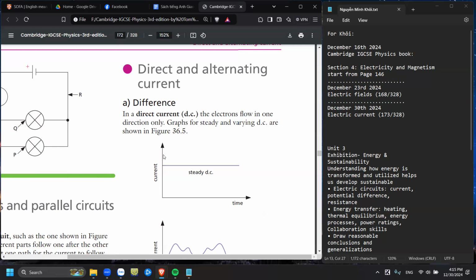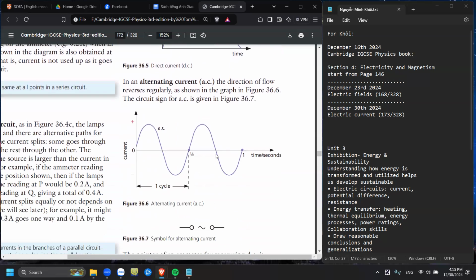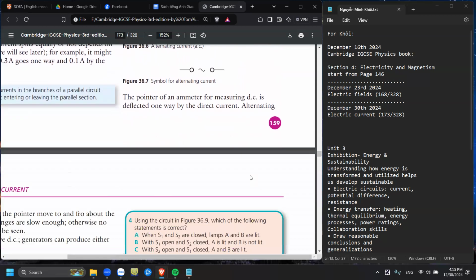Because in DC, the electron flows only in one direction. It doesn't go back, right? But in AC, it just goes back and forth, back and forth. It reverses regularly, right? The flow will be reversed regularly in AC.